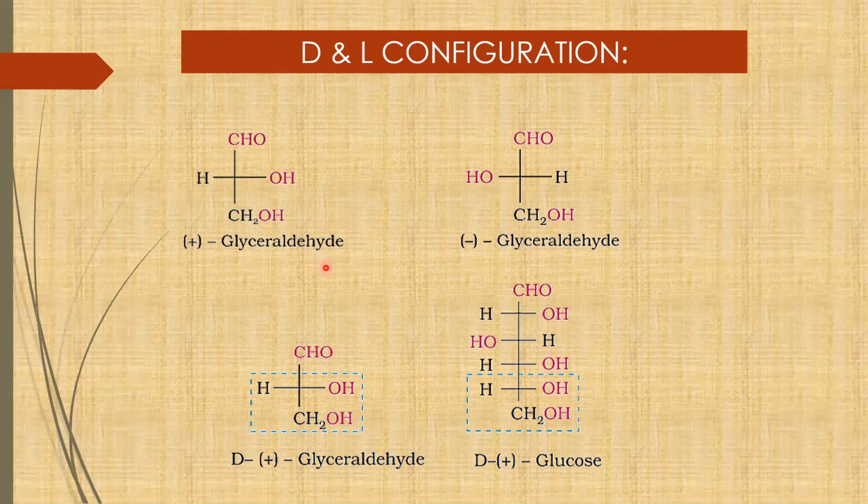When we say D configuration, it means the hydroxyl group is on the right hand side of the chiral carbon. I repeat, the hydroxyl group on the right hand side of the chiral carbon is termed D configuration, and if the hydroxyl group is on the left hand side of the chiral carbon, it is known as L configuration.